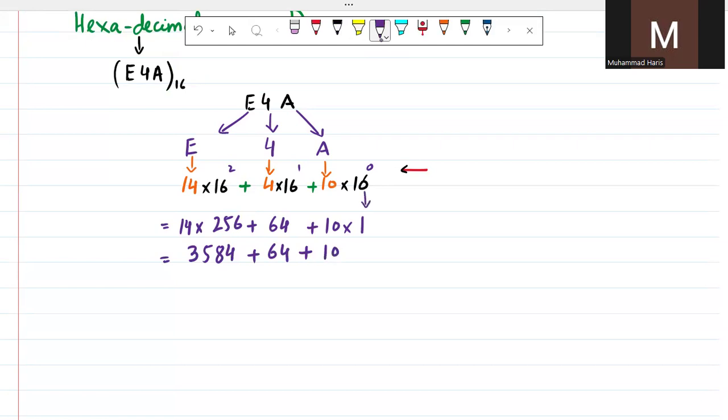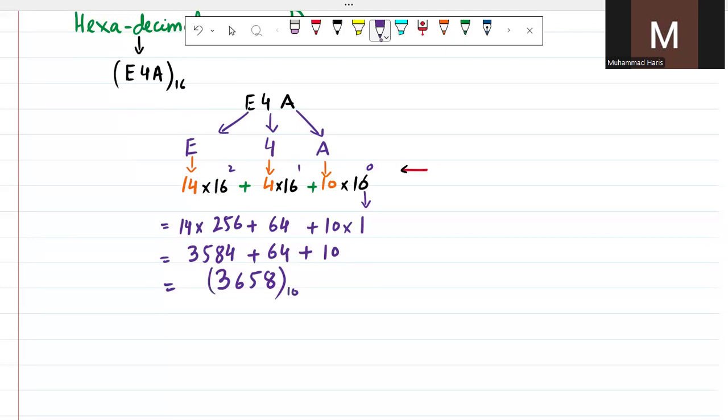You don't have to write the 1, because every number which has a power of 0 is considered as 1. Now 3584 plus 64 plus 10 will give you the sum total of 3658. That was the Denary number the examiner was looking for.